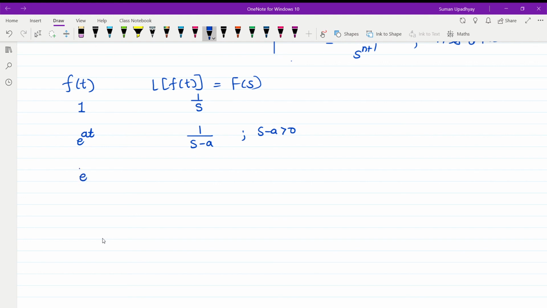For e raised to minus at, it is 1 upon s plus a, where s plus a should also be greater than 0. Sin at has Laplace transformation a upon s square plus a square. Laplace transformation of cos at is s upon s square plus a square.